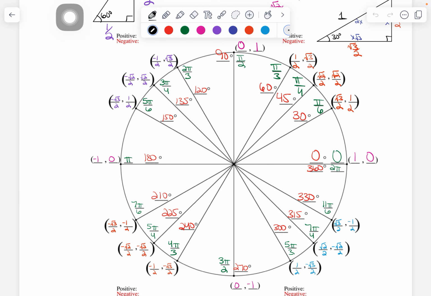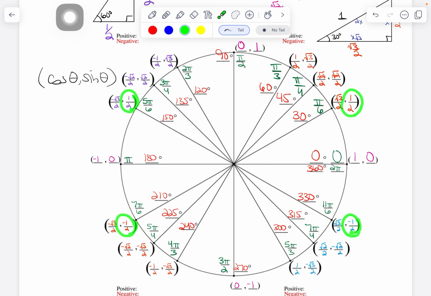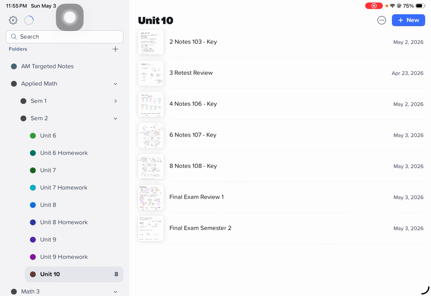Now I got to remind myself, each of these ordered pairs is cosine theta, sine theta. So sine needs to be the y value, and I want it to be either positive 1/2. So right here is a positive 1/2, right here is a positive 1/2, here's a negative 1/2, and here's a negative 1/2. And that's at pi over 6, 5 pi over 6, 7 pi over 6, and 11 pi over 6.